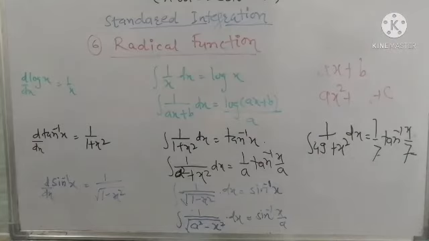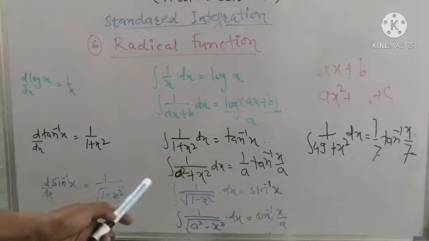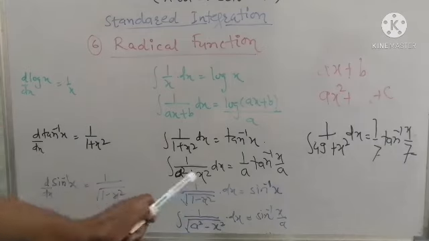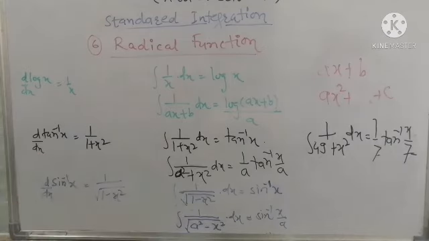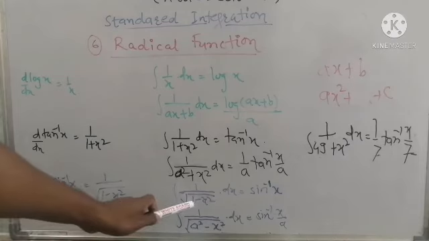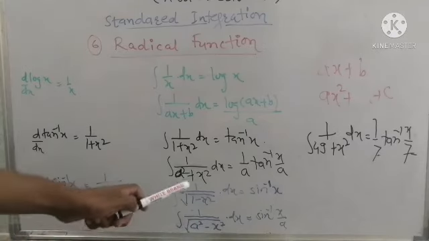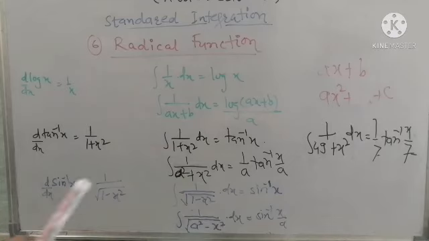Now, if this quadratic term, in which the power of x and a constant is given, is put into a root, as in this case the constant is 1 and this quadratic polynomial is put into a root, the form is 1 upon root of 1 minus x square, which is the derivative of sin inverse x. So by definition, the integration of 1 upon root of 1 minus x square is sin inverse of x.